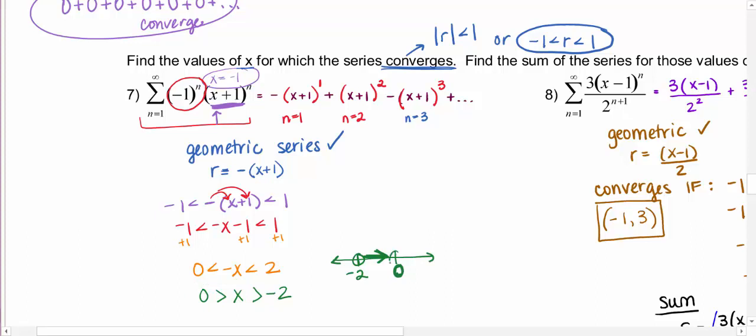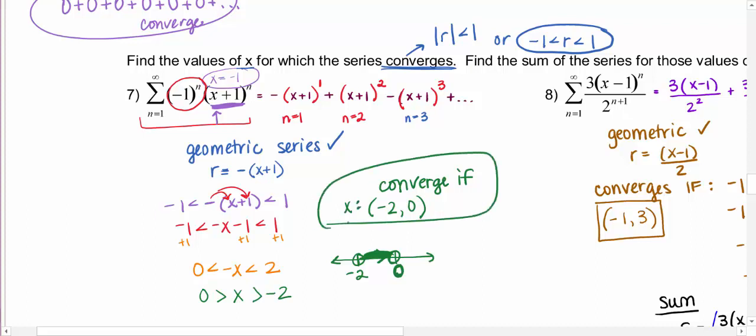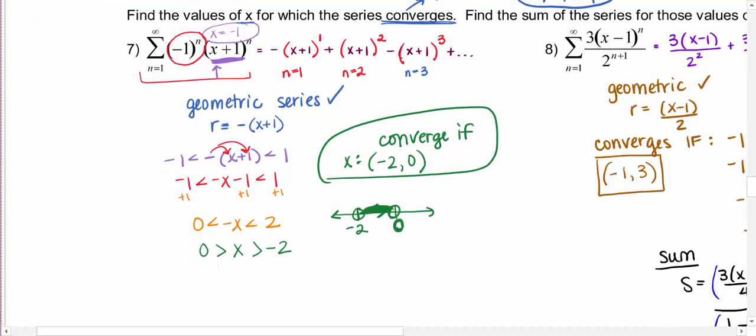And so if x is less than 0, you have an open circle on 0 and you're heading this way. So it's between -2 and 0, I converge. So I'm going to say converge if x is between -2 and 0. It's also called an interval of convergence.